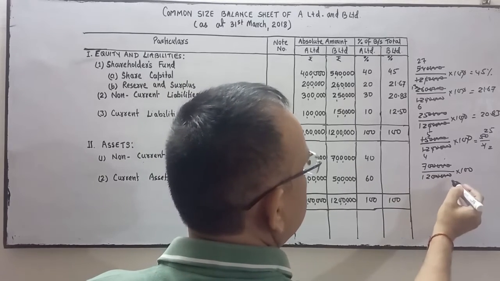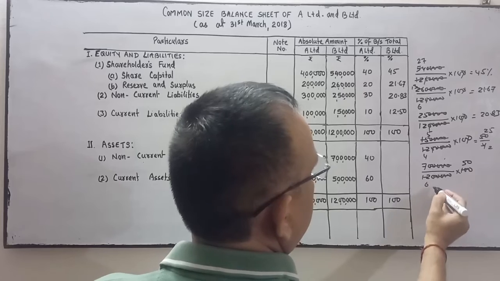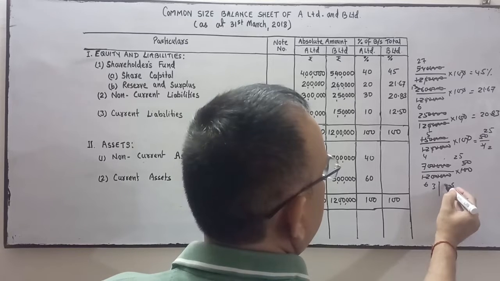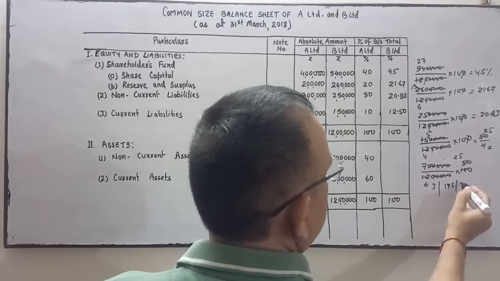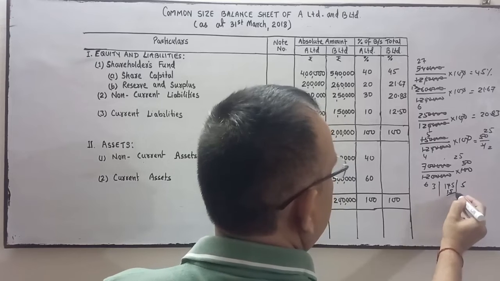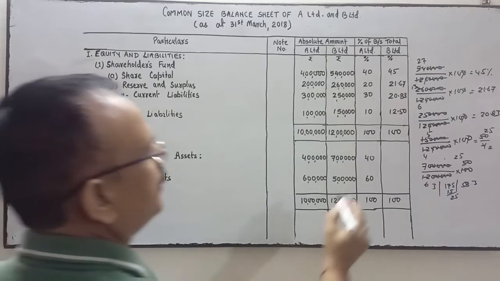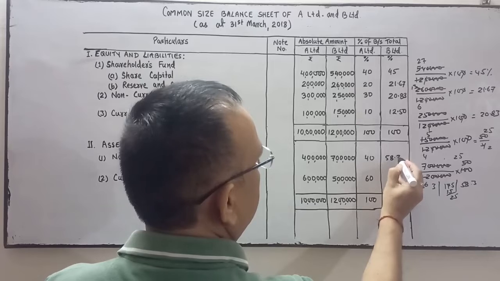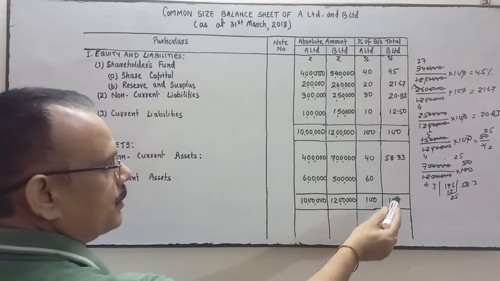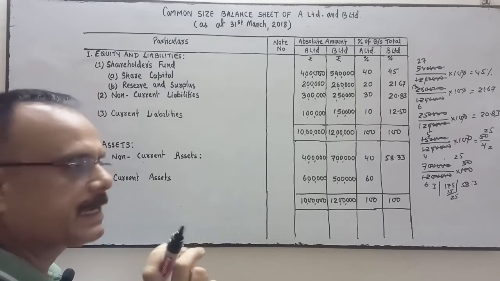So this is 58.33. 58.33 is the non-current assets, whereas the total, if it is 100, then as compared to the 100, 58.33 percentage is the non-current assets.